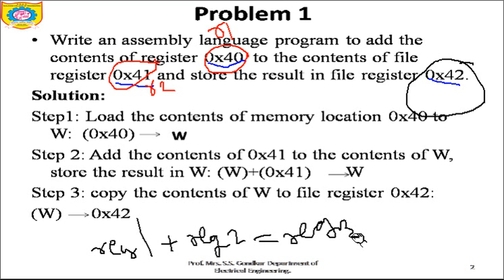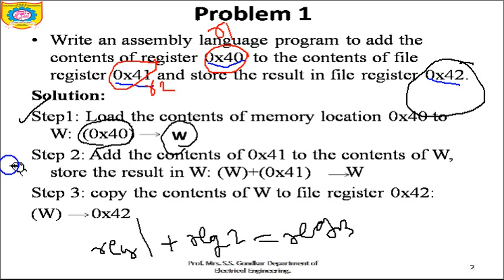So what will be the first step? Load the contents of memory location 0x40 to the working register. Whatever contents are in this location, you load them to the working register. We have two registers.